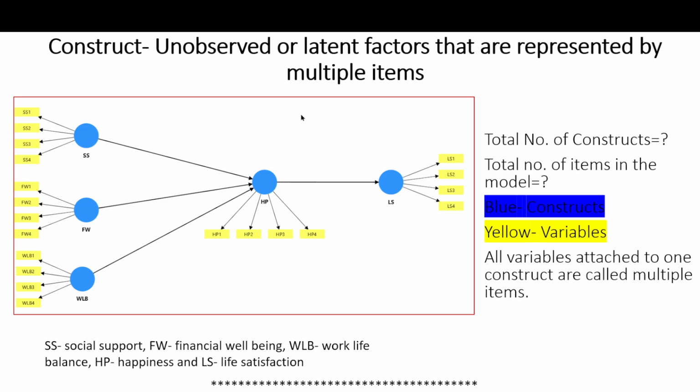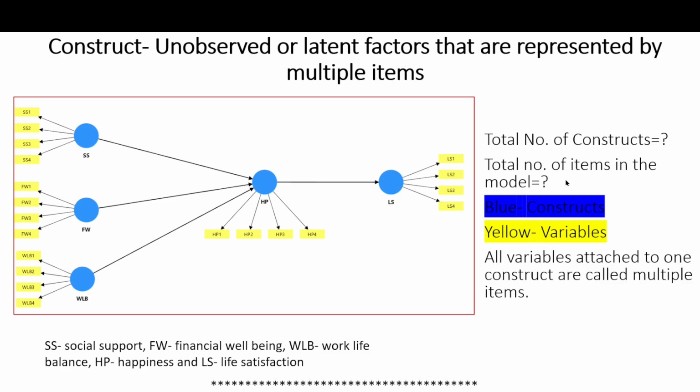Now, constructs are unobserved or latent factors that are represented by multiple items. In this diagram, the total number of constructs is five: social support, financial well-being, and work-life balance lead to happiness, and happiness leads to life satisfaction.